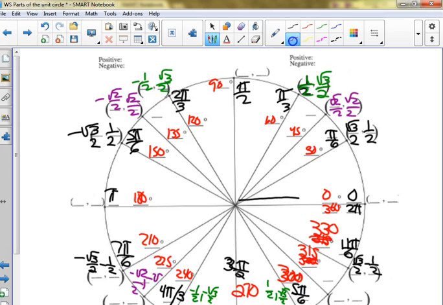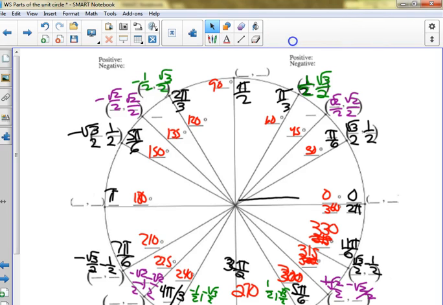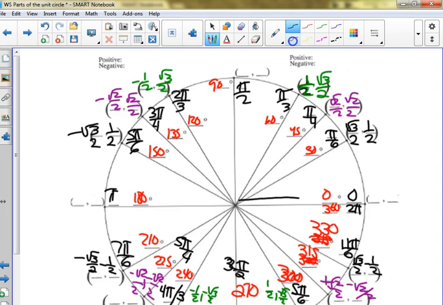I'm not even in the right spot. All right. This is the 45. Pi over 4 is there. 5 pi over 4 is there. Okay.